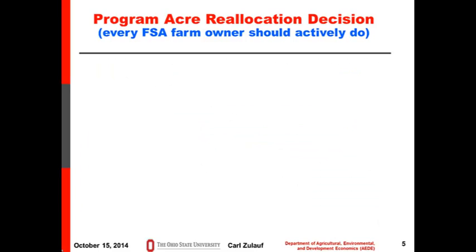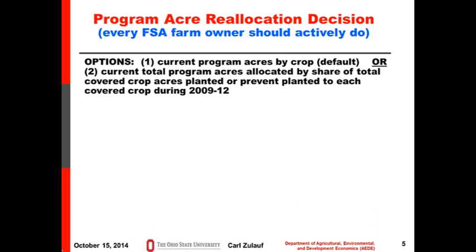FSA farm owners will also have a program acre reallocation decision. The word reallocation has significance in this particular decision because your base acres will not increase or decrease at all, but will stay the same, but you will have the option to allocate them in one of two ways.